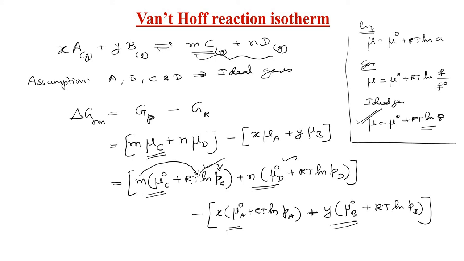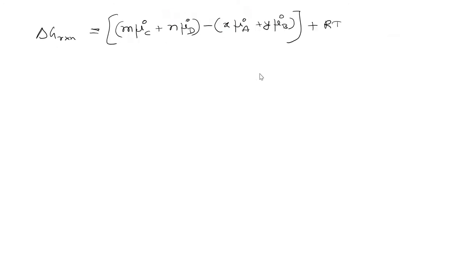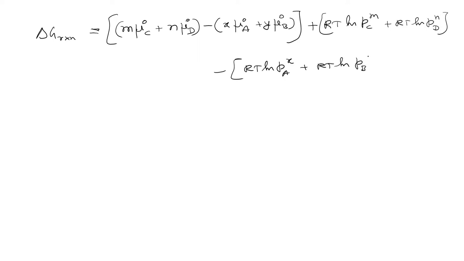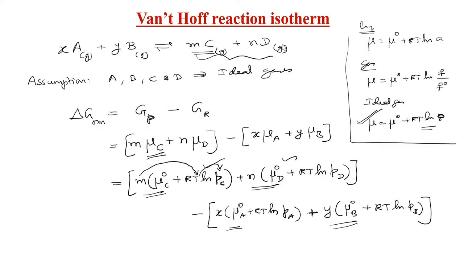So we can say directly RT ln partial pressure of C power M. In a similar manner, we'll get RT ln partial pressure of D power N. Then we have minus terms, RT ln partial pressure of A power X plus RT ln partial pressure of B power Y.